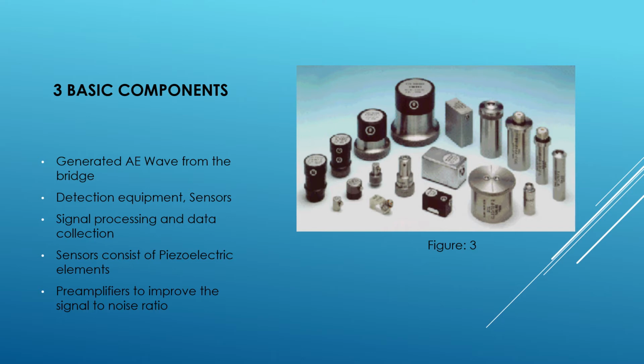Most researchers prefer the use of resonant sensors because they are highly sensitive to AE signals. Most sensors are glued onto the bridge surfaces, and some are now being built into the structure. Preamplifiers are also used, either external or built into the sensor itself. Preamplifiers are used to improve the signal-to-noise ratio.